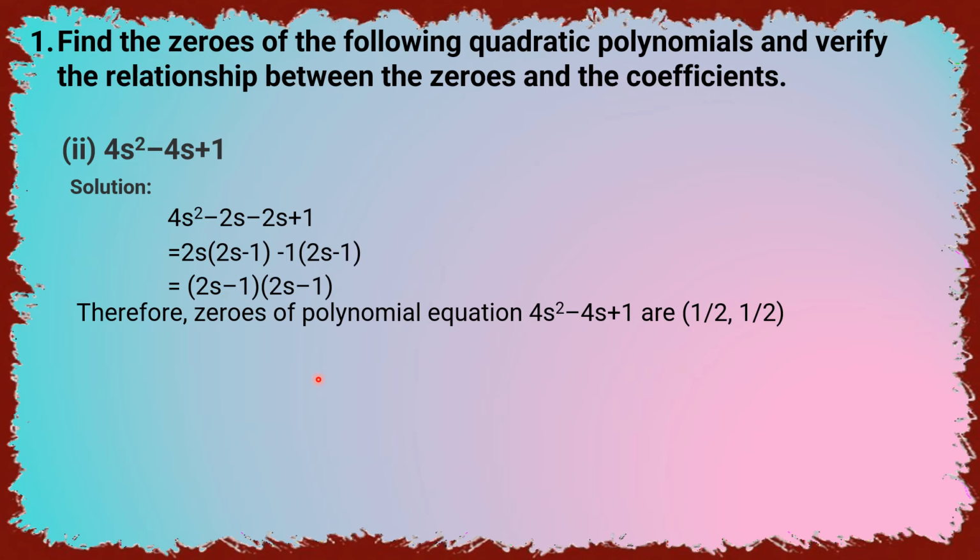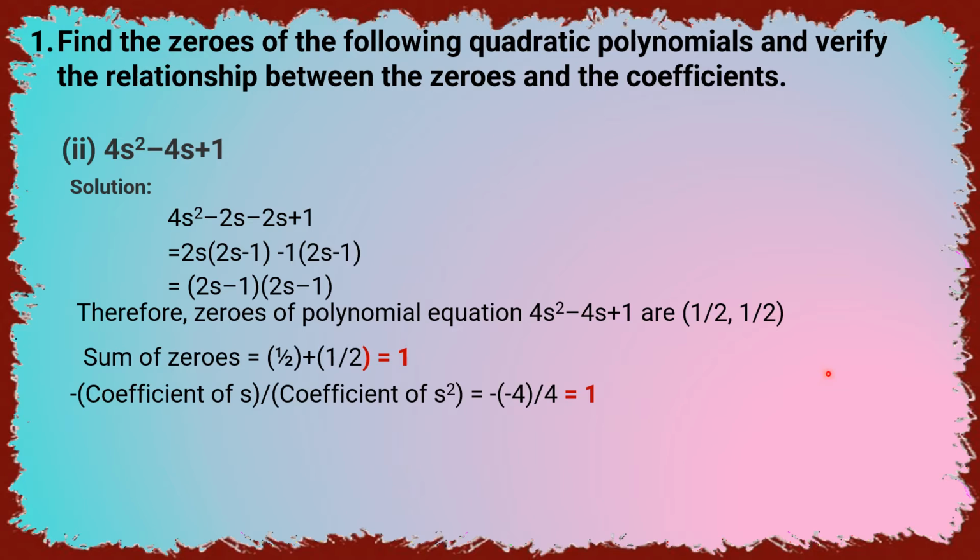Now let us add these two. Sum of the zeros equal to 1 by 2 plus 1 by 2 is equal to 1. And when we find the coefficients, relationship between the coefficients, minus b by a. So that is minus 4 divided by 4. That is also equal to 1. When we cancel this, we get 1.